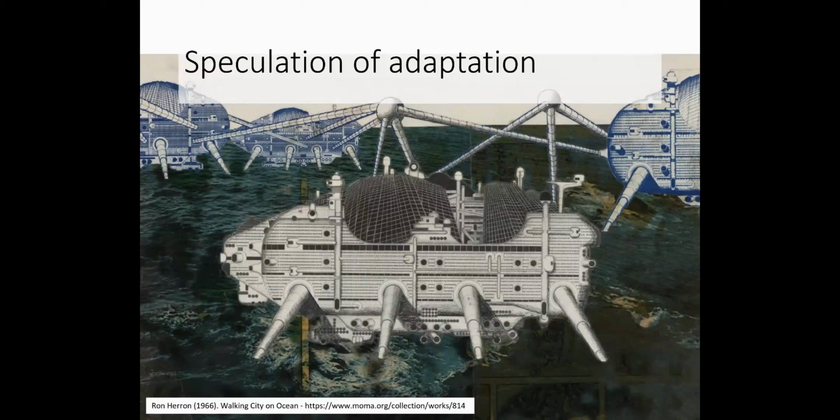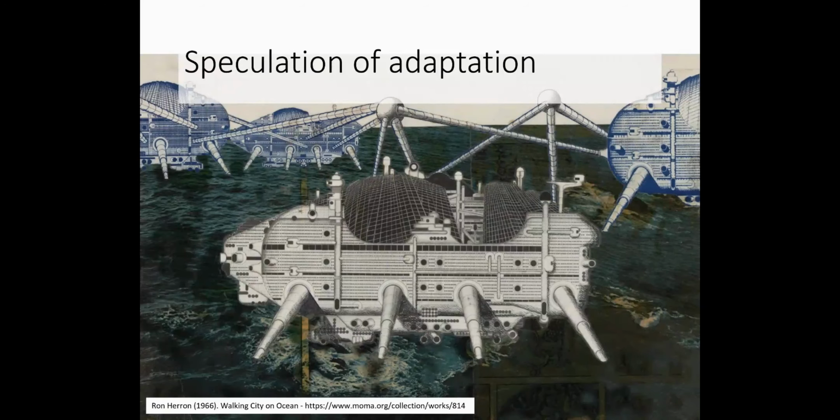And of course, these drawings, for example by Ron Herron, the Walking City on the ocean that you see here, were very evocative images that tried to give some expression to these ideas. It's very tempting to take these images literally, to think about these huge structures walking over the earth and having a minimum impact on the planet. But one should take that in a metaphorical sense, and not take it too literally.